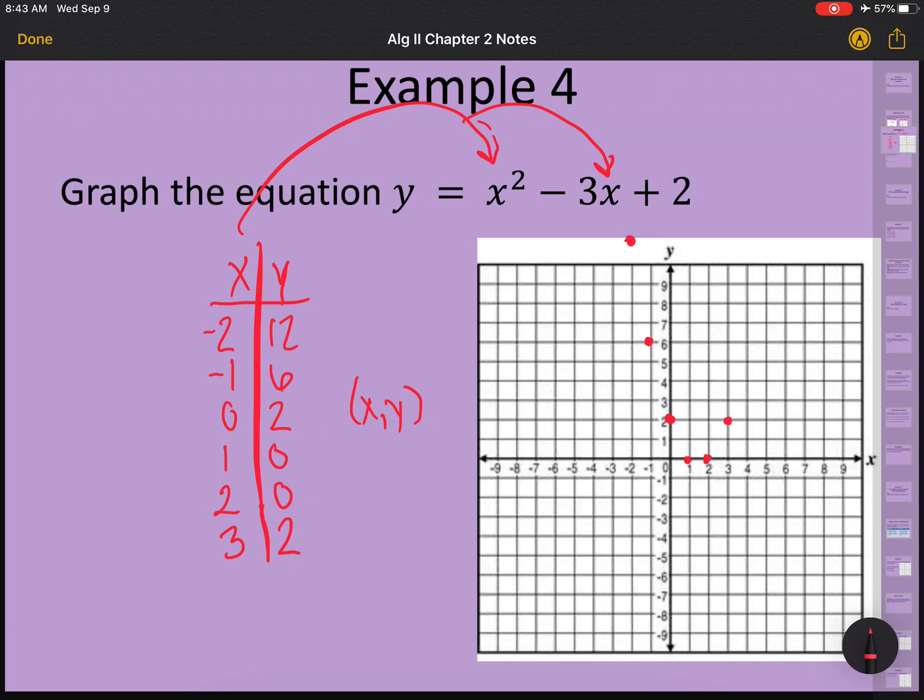It looks like it's decreasing, and then it goes up and increases. It's kind of like it's reflecting. So here's my pattern. This is our U-shaped graph, or parabola, that we'll get to in a couple chapters. Here is our graph of this equation.